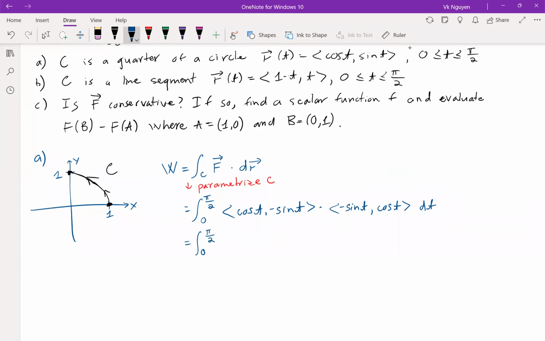0 to pi over 2, right? We'll have negative cosine t sine t, negative cosine t sine t, so negative 2 cosine t sine t, or you can do 2 sine t cosine t, it doesn't matter.